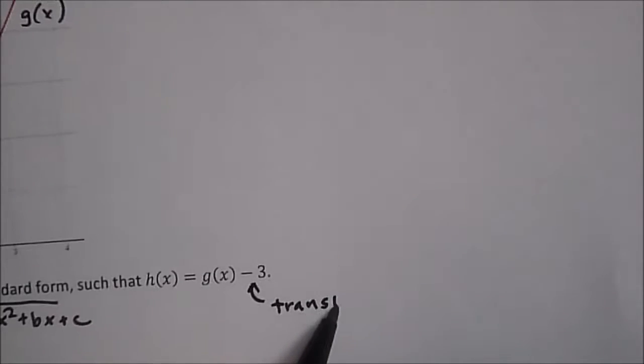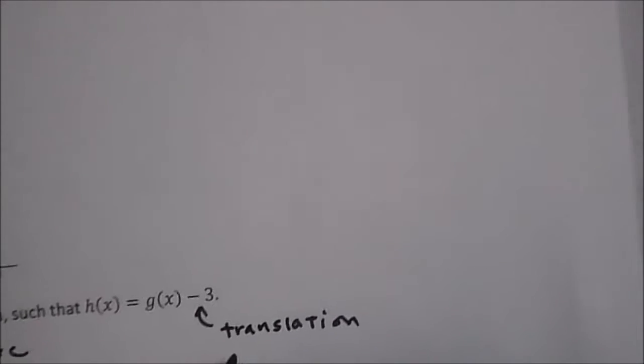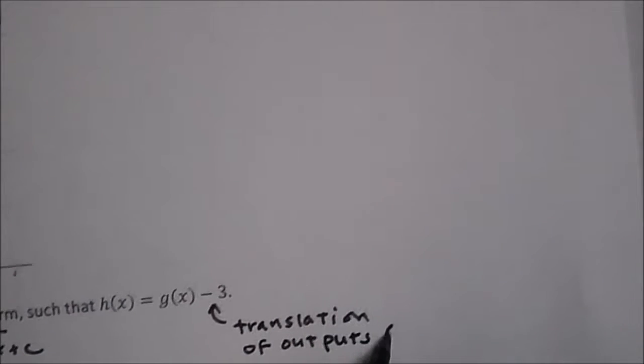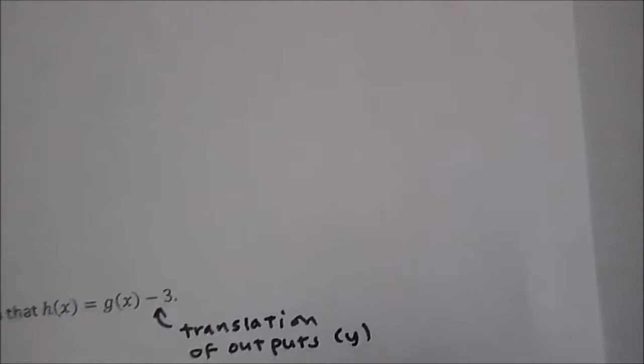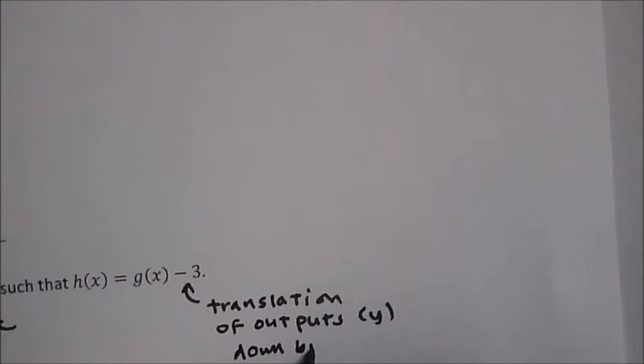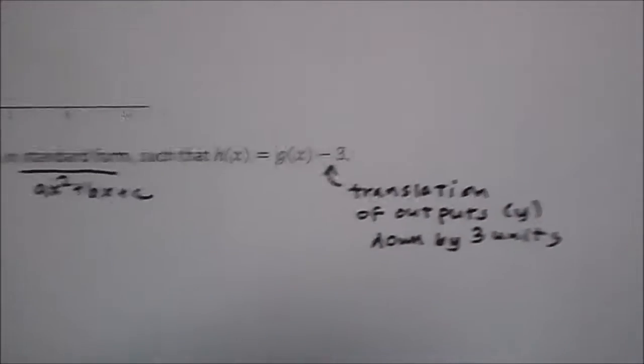I know this is a translation, and since it is outside of the parentheses here, it is a translation of the outputs, which is the y values, and since the sign is negative, we're going to be translating the outputs down by 3 units. So that's just something to think about in advance.